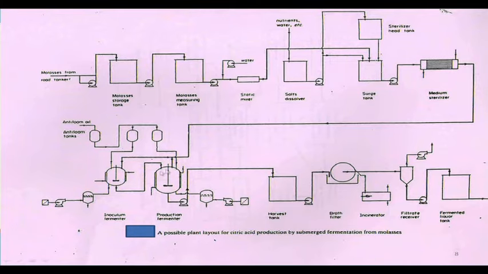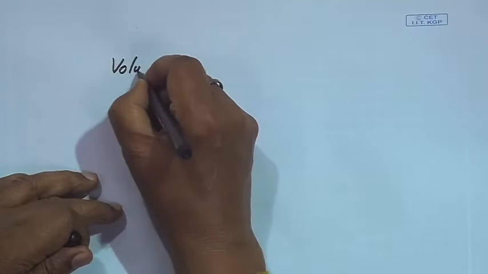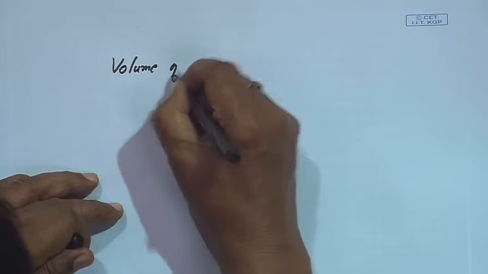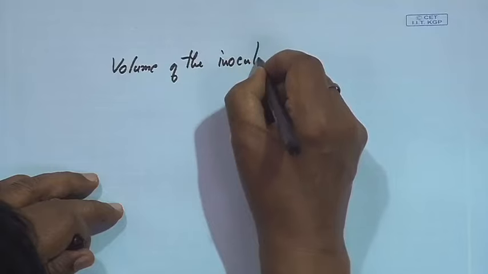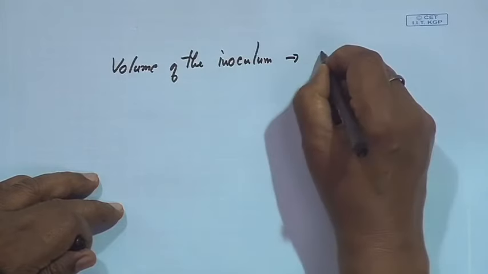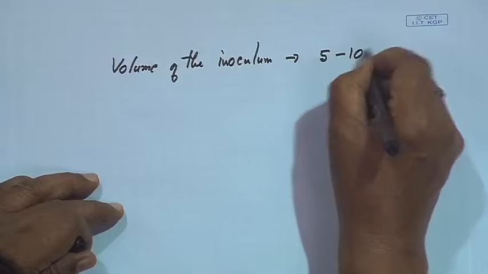Then what happens in this fermentation process is that the inoculum vessel and production fermenter are located in the fermentation plant. Usually the volume of the inoculum is 5 to 10% of the fermentation media.